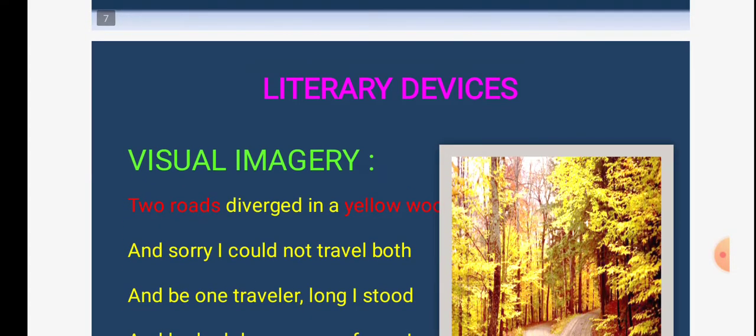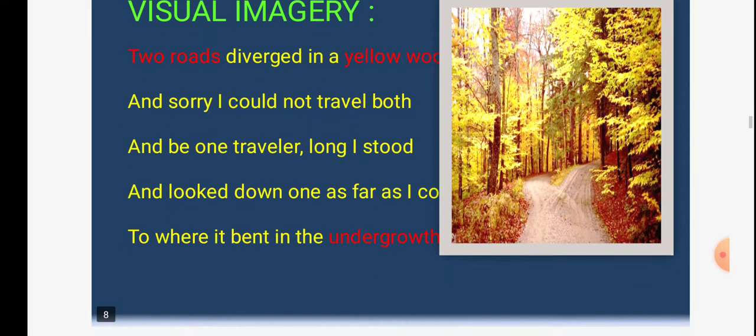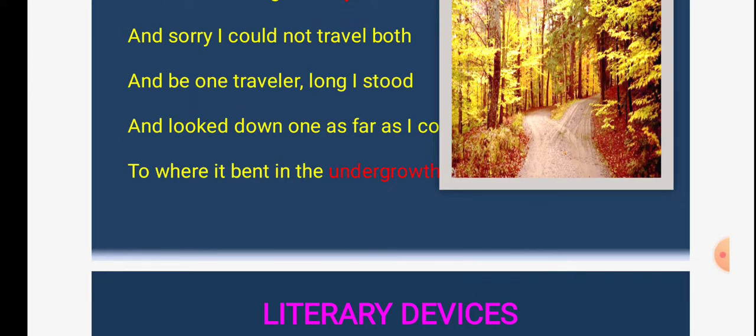Next is visual imagery. What is visual imagery? The poet has used words such that we start to visualize things. The words are used in a way that we create a scene in our mind; that is visual imagery. Just like two roads diverged in a yellow wood, and to where it bent in the undergrowth.